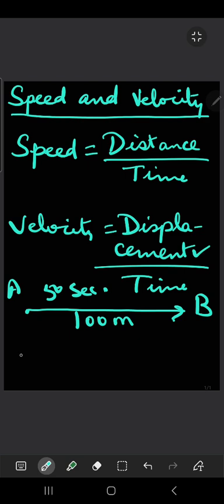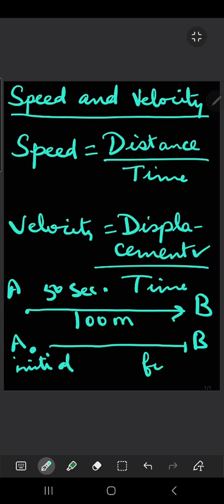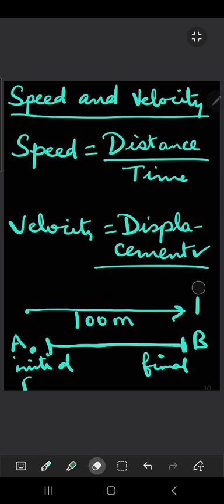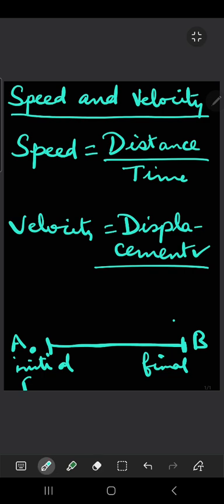Displacement means, if A is the initial position of the object and it is reaching B, which is the final position of the object, then the difference of A and B will give you the displacement, or we can say that the displacement is equal to final position minus initial position of the object.